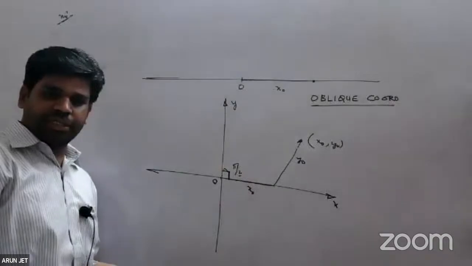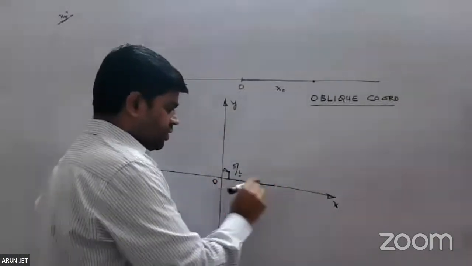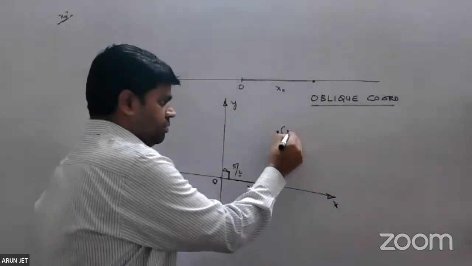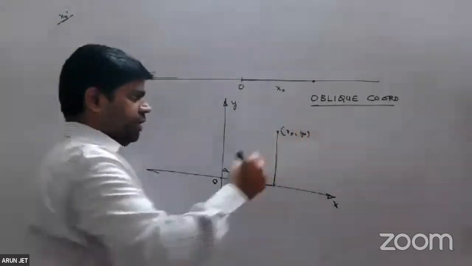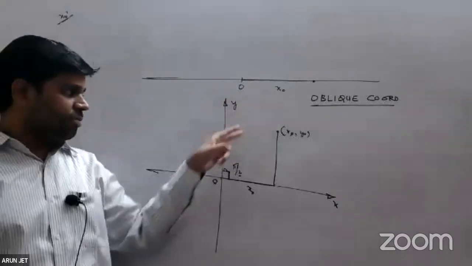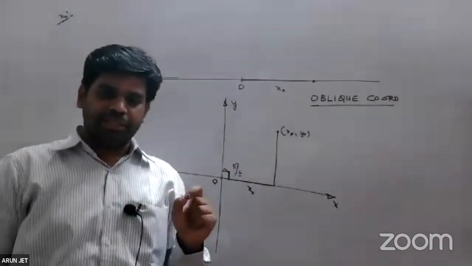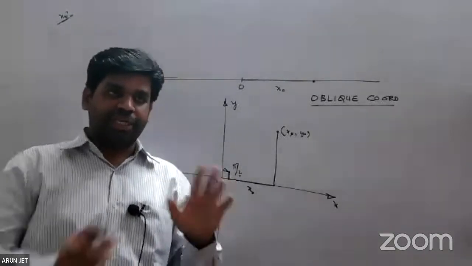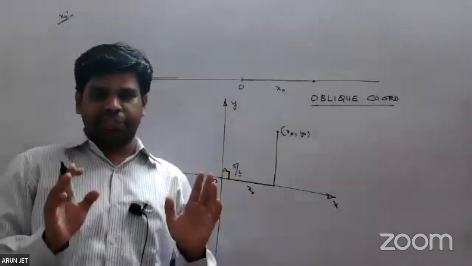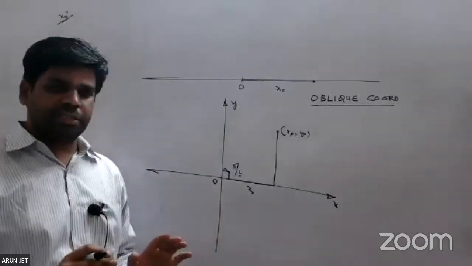That's called a rectangular coordinate system, where my point should be x naught distance from origin and y naught parallel to y-axis this way. So I need one number for a one-dimensional line, two numbers for a two-dimensional plane. So it makes sense to say that I need three numbers for three-dimensional space. We will deal with 3D after differentiation. When we do integration, we'll deal with 3D space. Right now, let's confine ourselves to 2D.